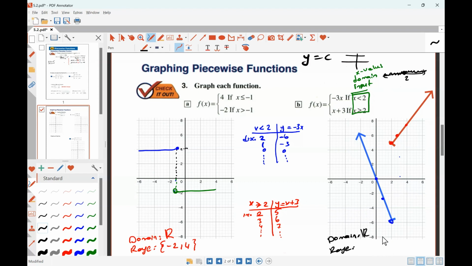It starts with -6, which is excluded. Remember, there is an open circle here. So from -6 to positive infinity, exclusive. So I have y values greater than -6, and it goes to infinity. So that's the range.